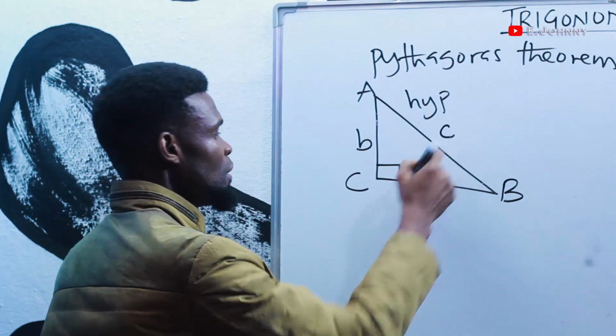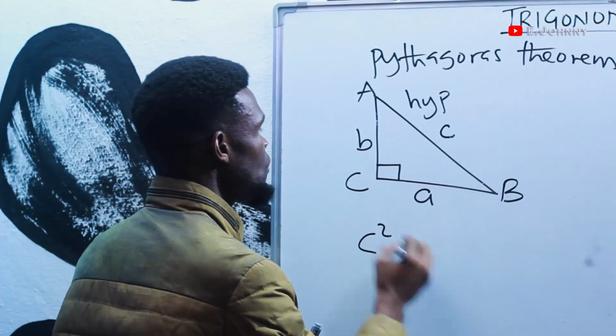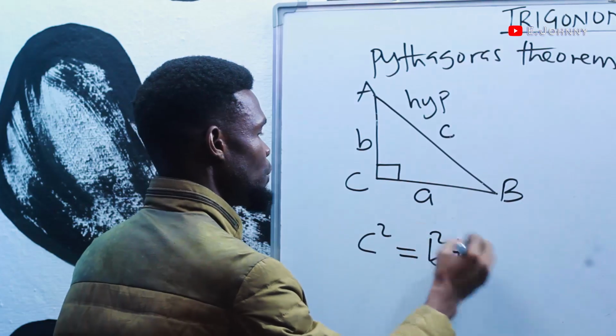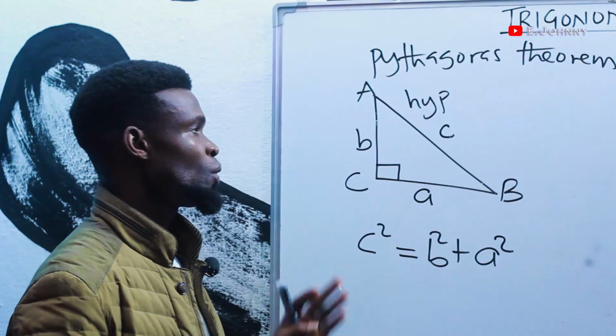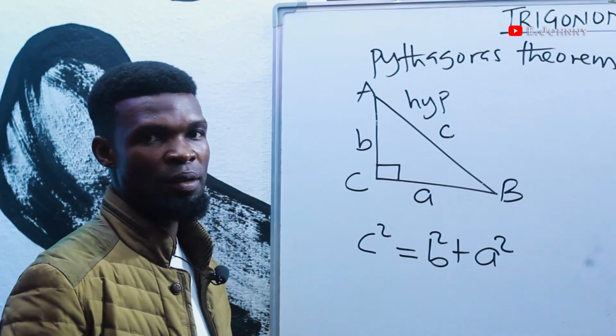Simply put, c square is equal to b square plus a square. That is what Pythagoras theorem states.